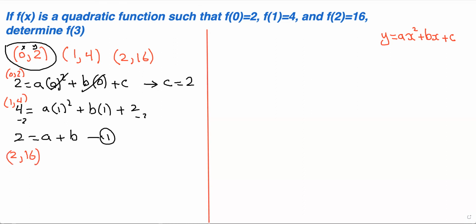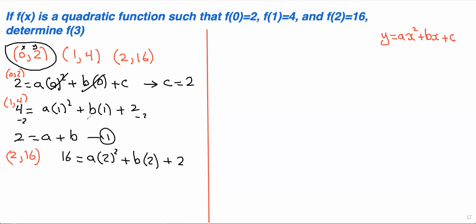And when I use the 2 and 16, y is 16 equals a times 2 squared plus b times 2, because x is 2, of course. And c, you already found out c is 2. So instead of c here, I'm just going to write 2.